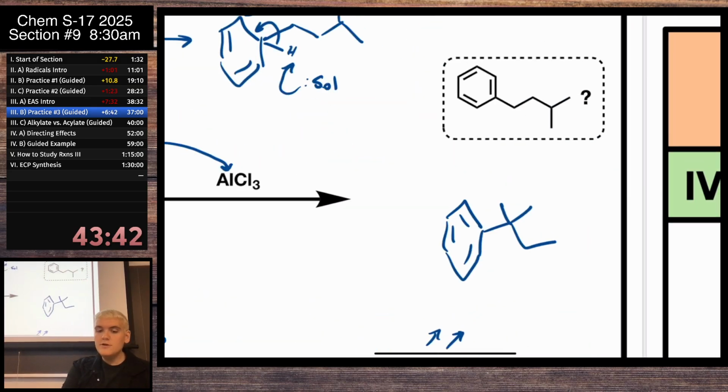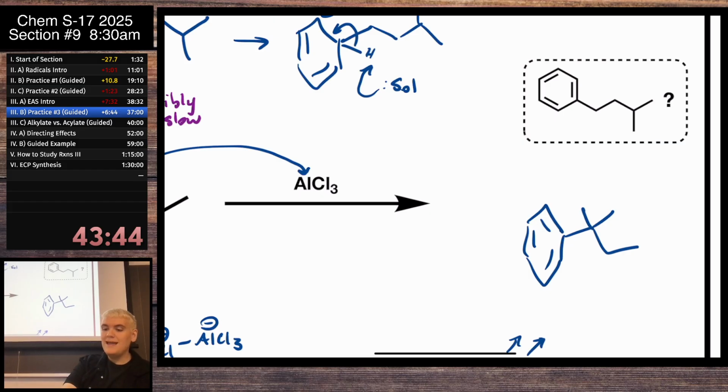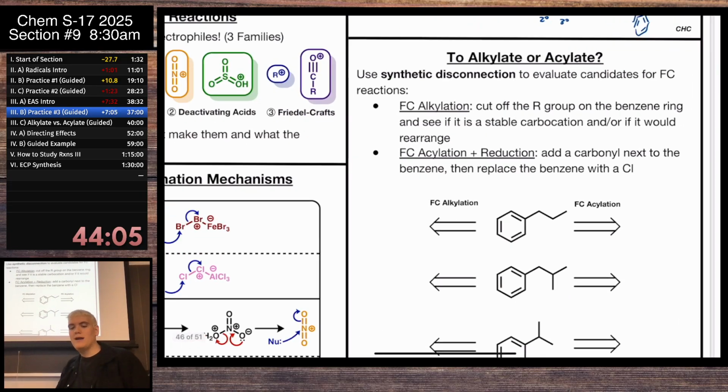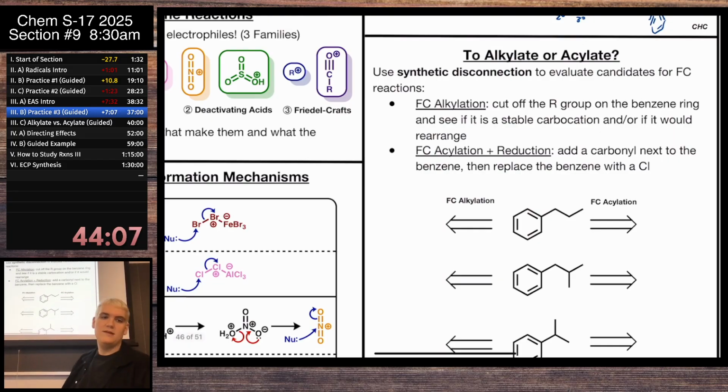Well, our strategy could be we do an acylation, which is really fast, and then reduce it. So that is where we can think a little bit more conceptually about this of, do we want to go through the acylation route or the alkylation route in terms of our yield? And acylation is typically just much more reliable. So let's ask this question of to alkylate or acylate here with some of these.